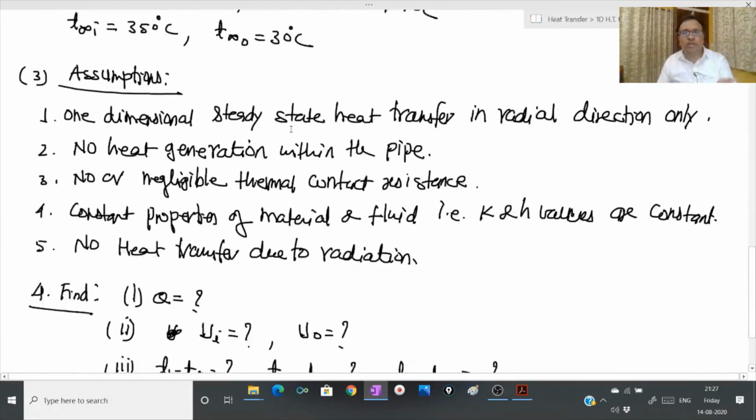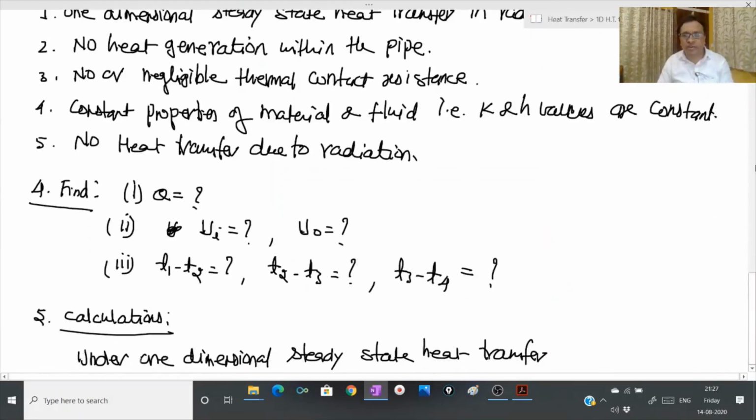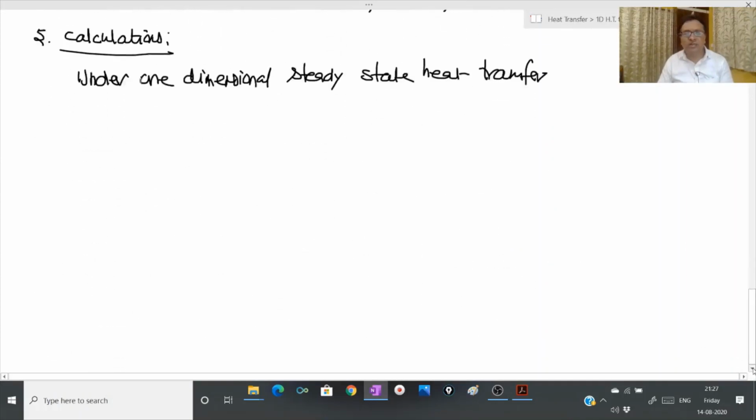So mode of heat transfer will be different. If fluid and solid surfaces are there, it will be by convection, and between solid surfaces by conduction.